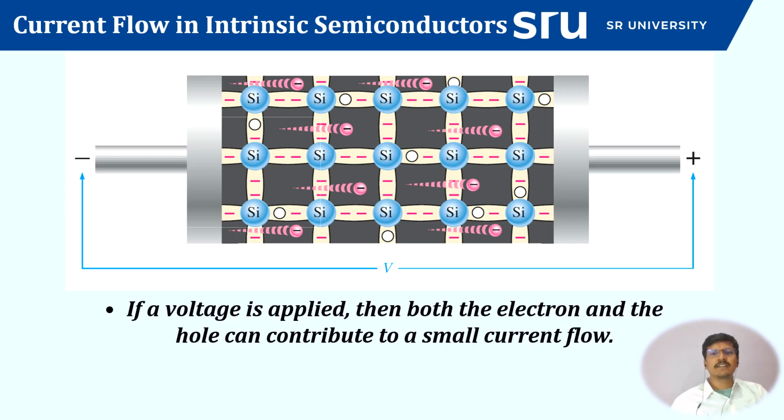Similarly, the holes move because the electrons continuously fill adjacent vacancies. Here the electrons are moving to the vacant position, so the hole is moving to the electron's position on the back side. That's why it appears like the holes are moving backward, in the opposite direction.